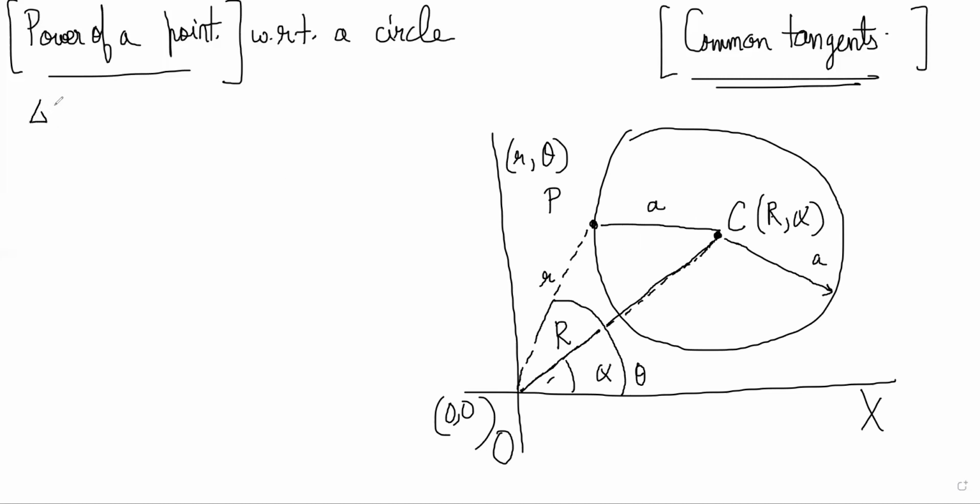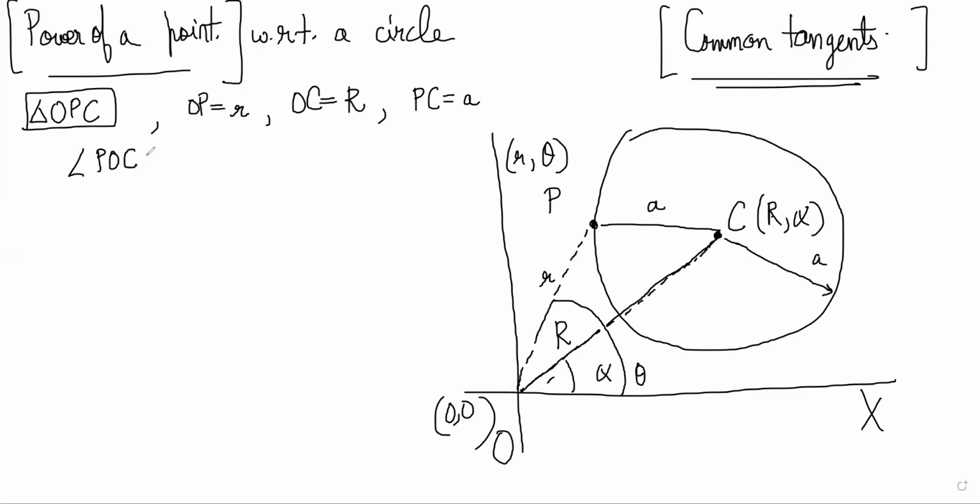Now look at triangle OPC. In the OPC triangle, we know the length of OP is small r, the length of OC is capital R, and the length of PC is equal to small a. We also know that angle POC is equal to theta minus alpha.